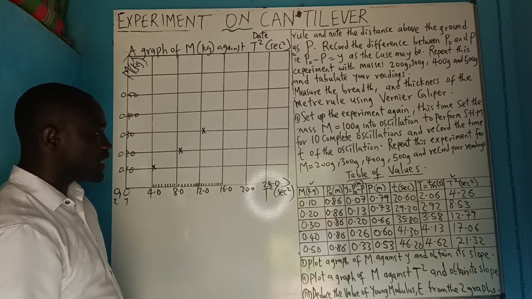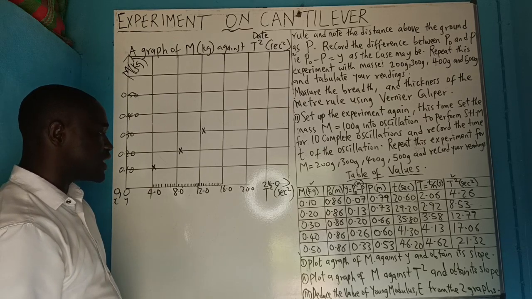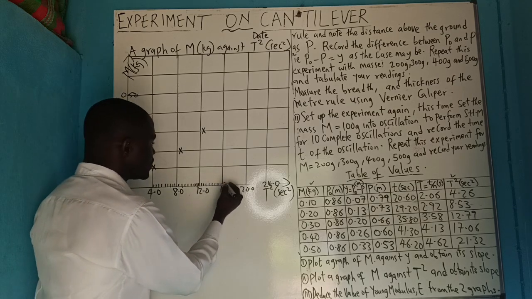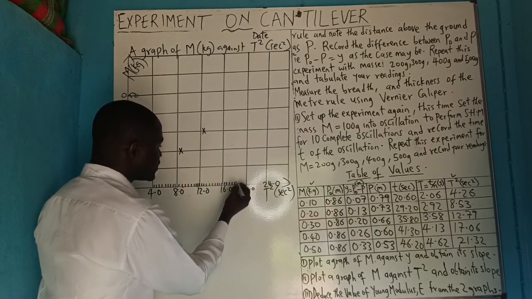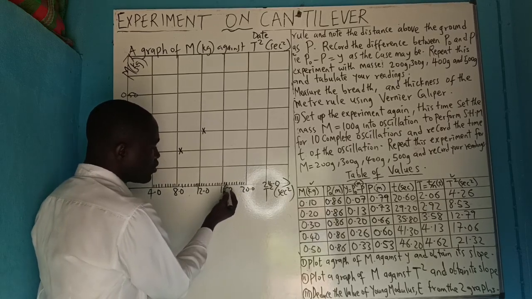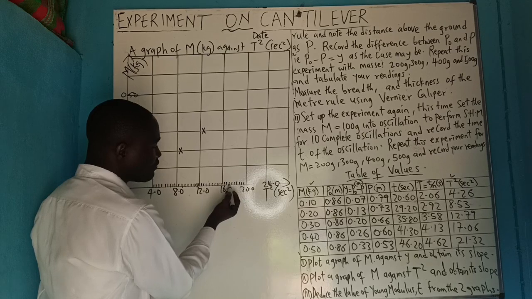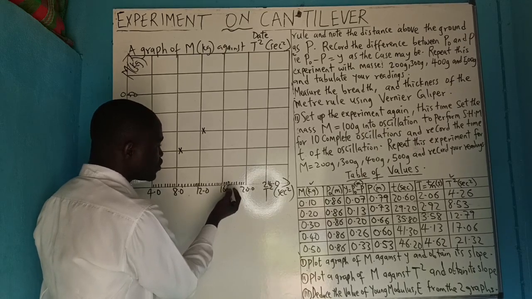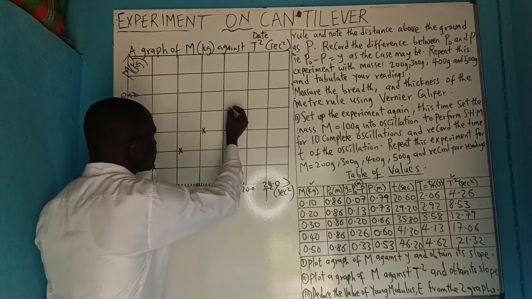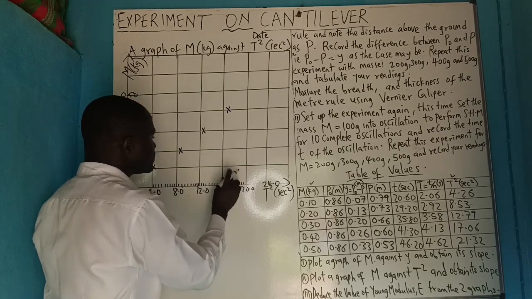Then we take again 17.06 against 0.4. This is 16.4, 16.8, 17.2.